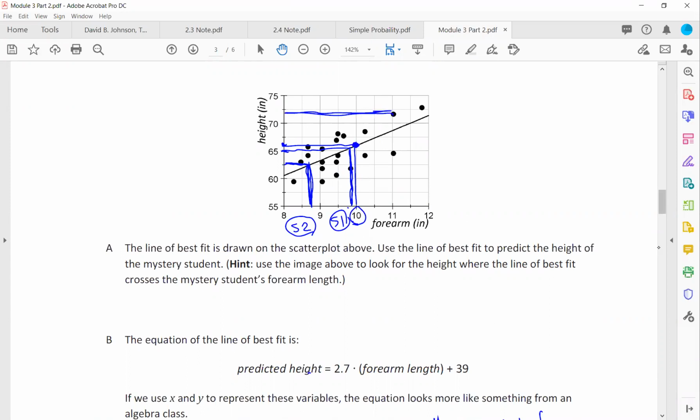If you match it to the horizontal axis, you get almost 11 as the measurement of the forearm. So the third student is not going to be a good candidate. The first student is a good candidate because its forearm is close to 10 inches.